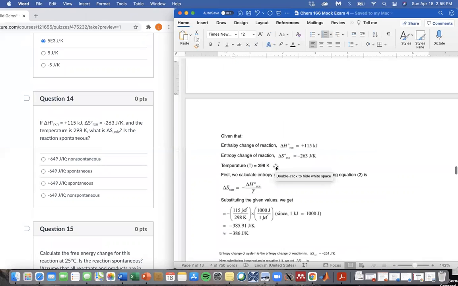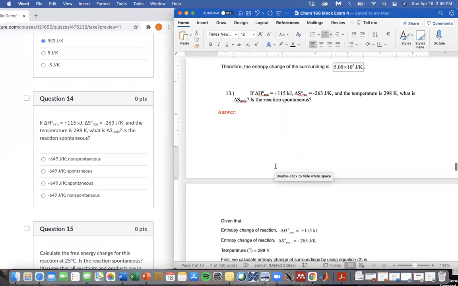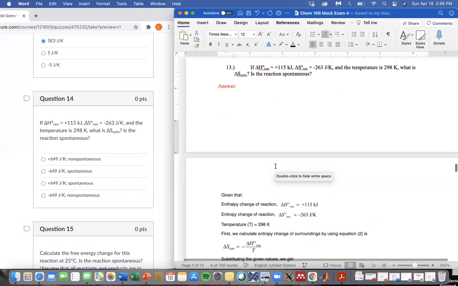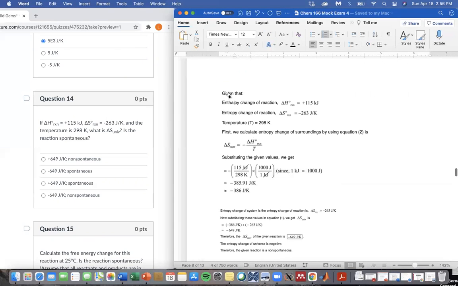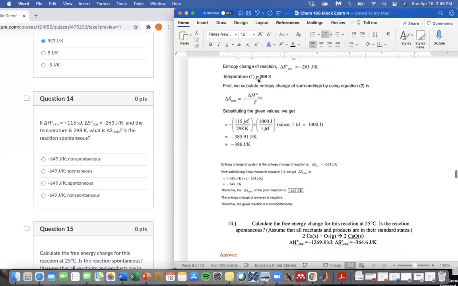This goes back to the relationship between delta S of the universe and its relationship to delta G. You're given the enthalpy of the reaction, the delta S of the reaction, and the temperature as well.